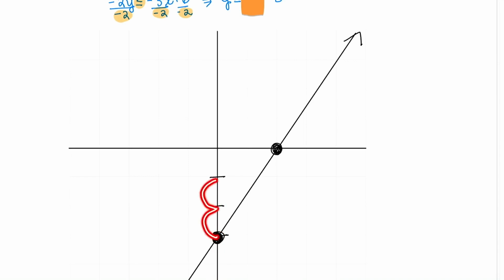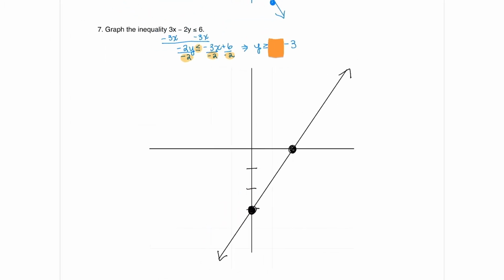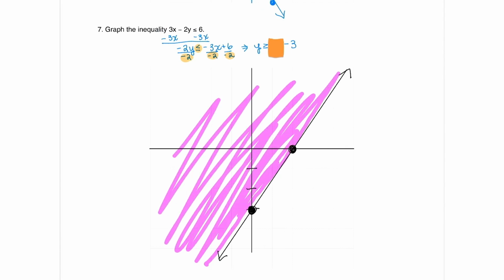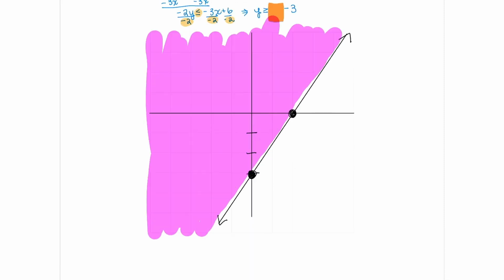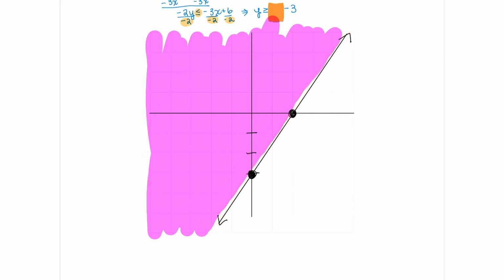Negative 2, negative 1, 0, 1, and so forth are all greater than negative 3. So we are going to shade above the line. And this part you can just kind of sketch. And that's our answer. What that means is that any point within this region, and in this case along this line, will be a solution to that inequality.